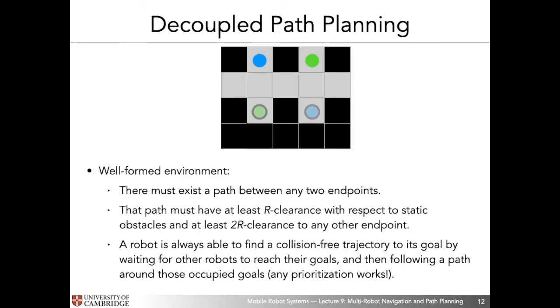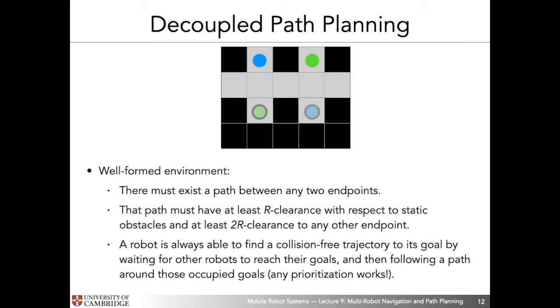So, a little bit more formally, a summary of the conditions. In a well-formed environment, there must exist a path between any two endpoints, right? That path must have at least R clearance with respect to static obstacles and at least 2R clearance to any other endpoint. And we're assuming here that R is an approximation of the robot's radius, or how much space the robot uses. And hence the robot is always able to find a collision-free trajectory to its goal, right?